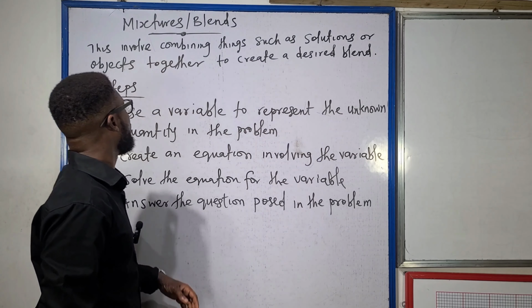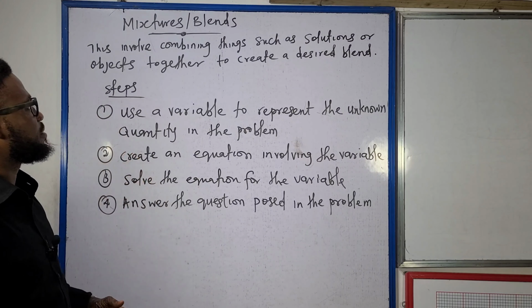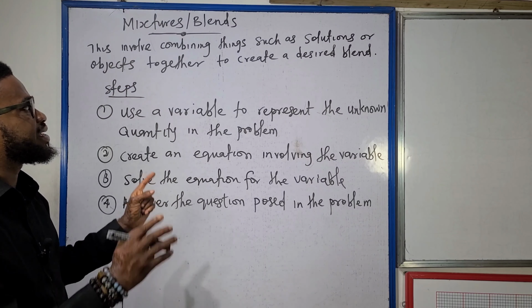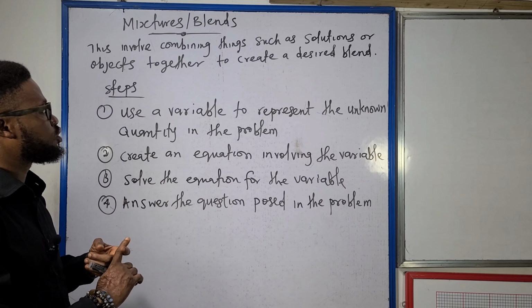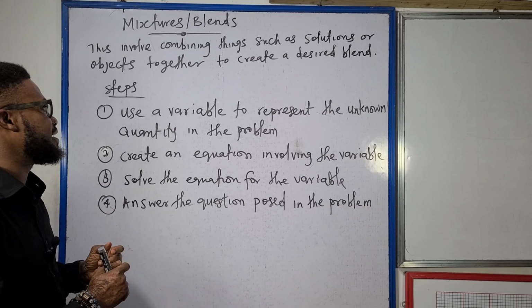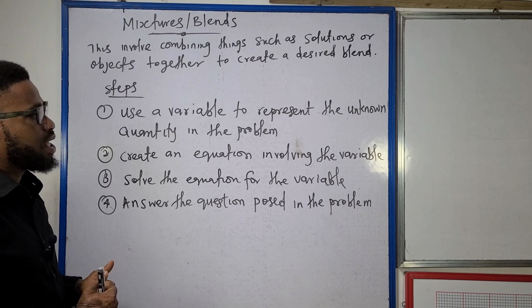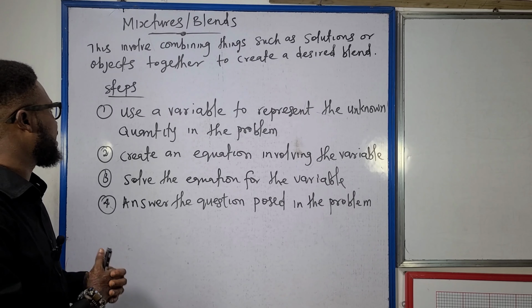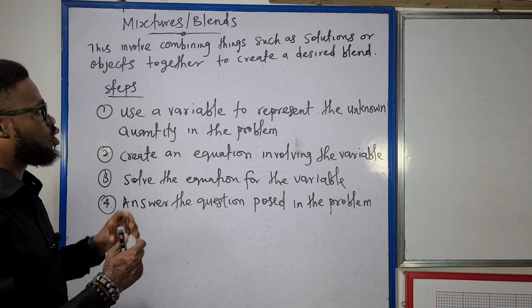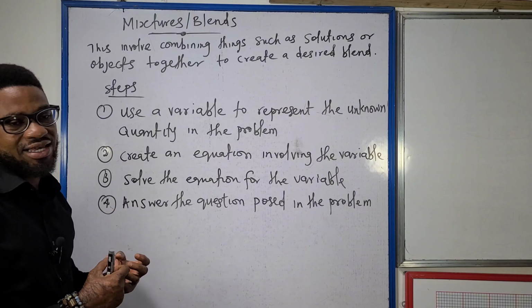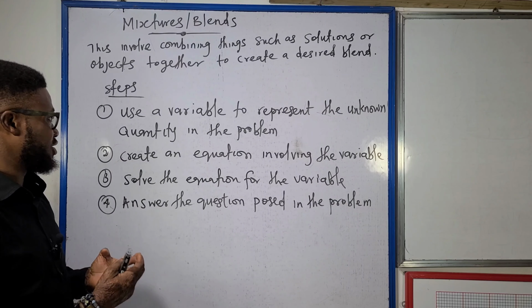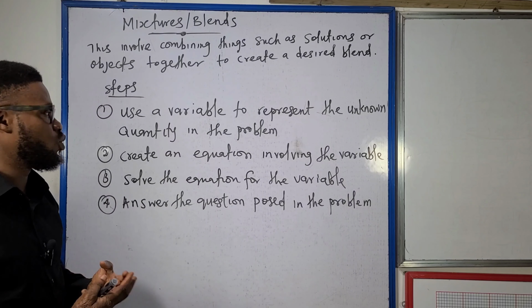When we say mixtures, mixture involves combining things such as solutions or objects together to create a desired blend. And there are certain steps that we take in combining solutions or objects together to create the blend that we want, the composition that we want.